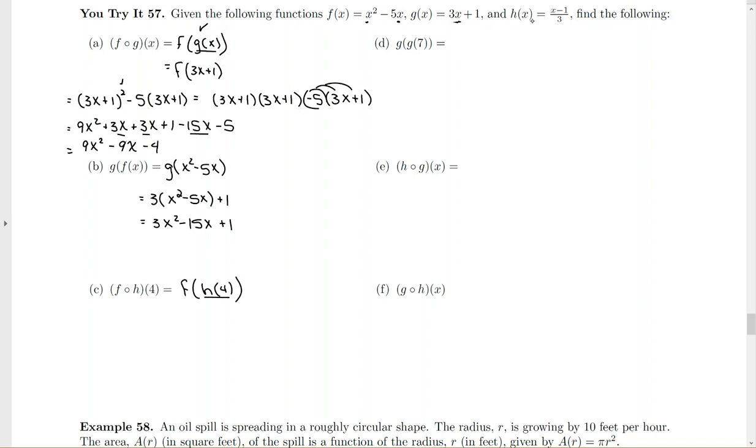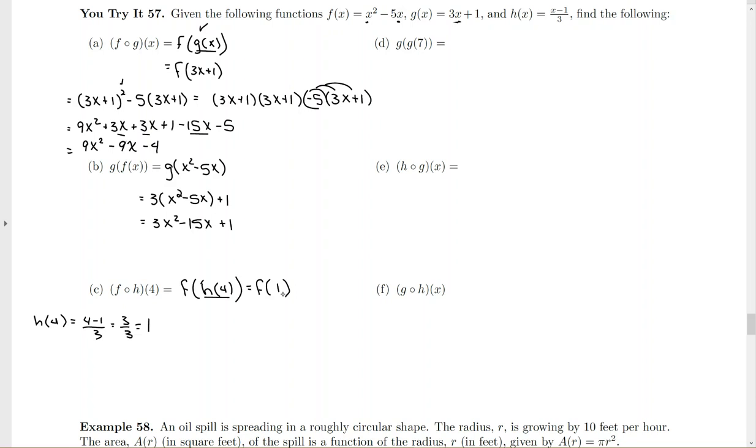So what I'm going to do is, off to the side here, figure out what h of 4 is. So I go to the h function, back up here, take out the x. 4 minus 1 divided by 3. 3 over 3 is 1. So another name for h of 4 is 1.